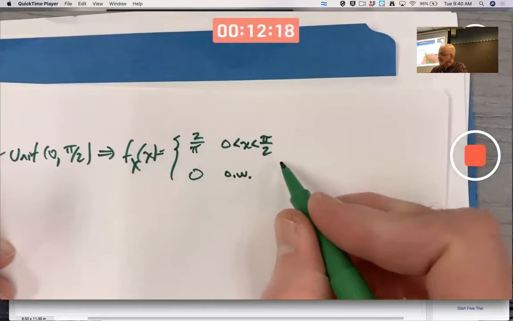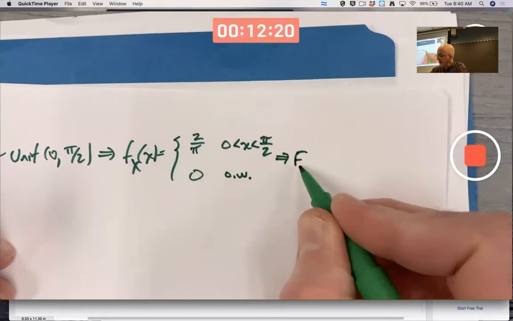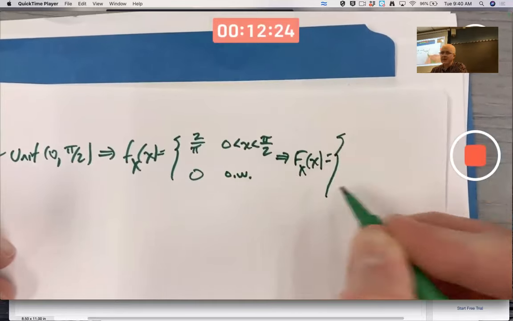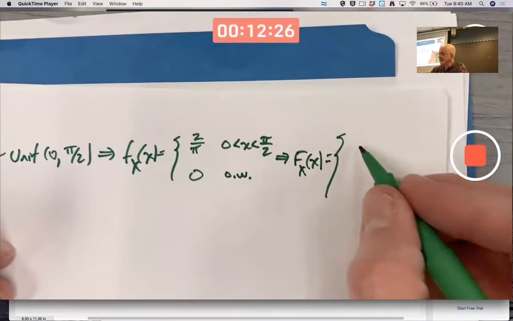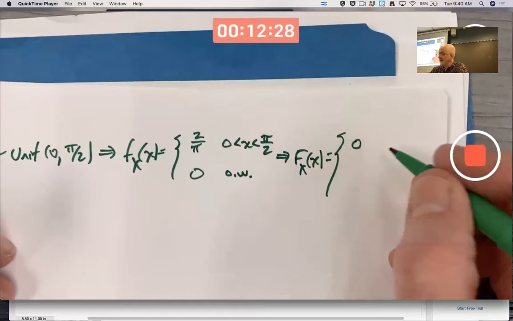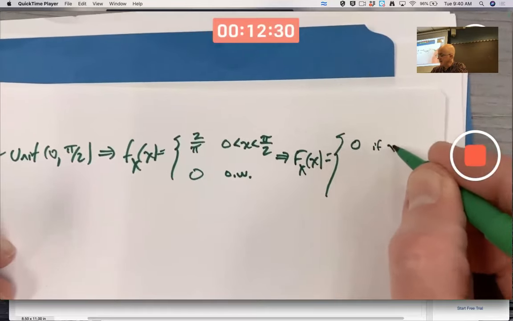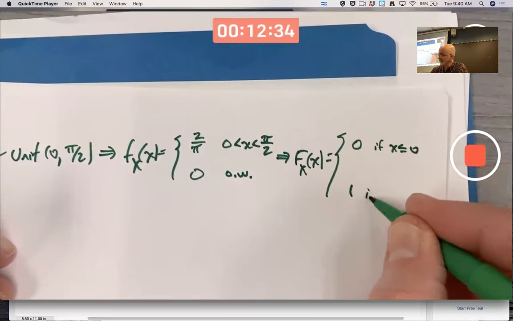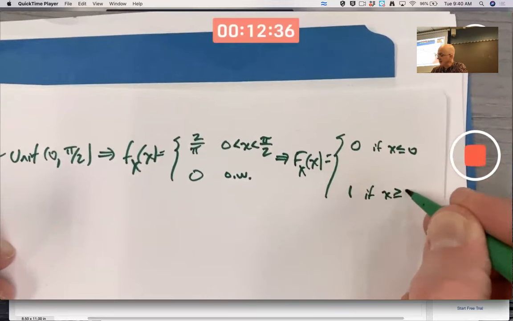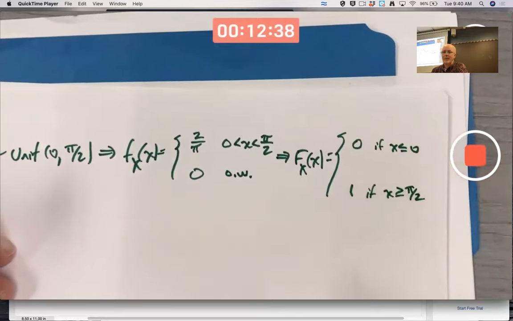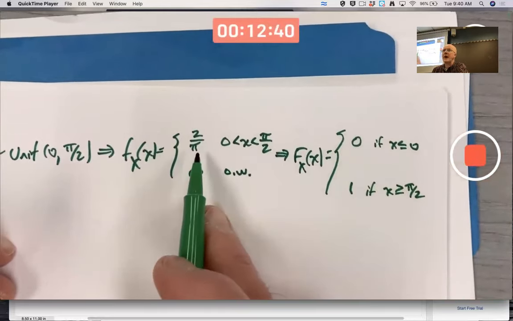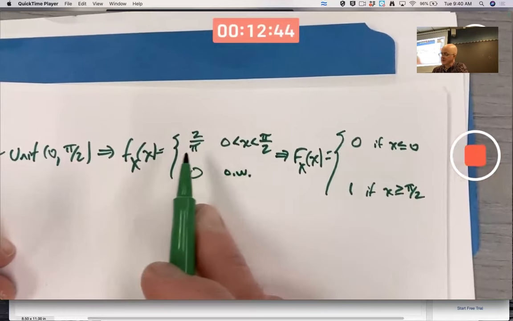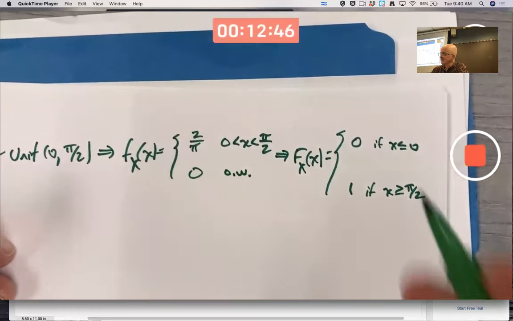And that'll mean the CDF, capital F, well, if you want to be extra careful about it, it's technically 0 if x is less than or equal to 0, 1 if x is greater than or equal to pi over 2, and it's the integral of 2 over pi with respect to x when x is between 0 and pi over 2. In other words, just multiply that by x.